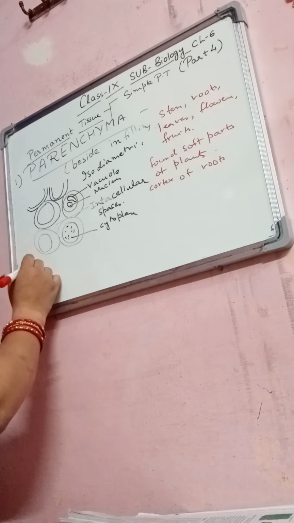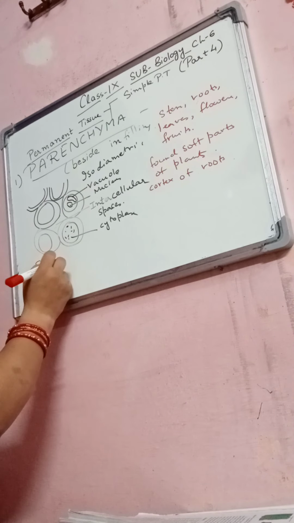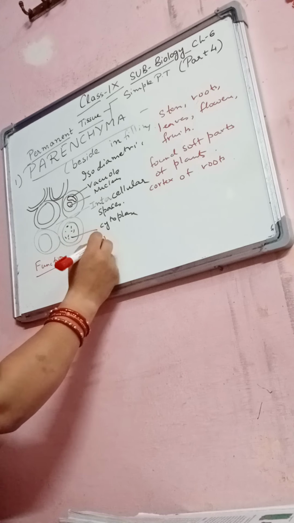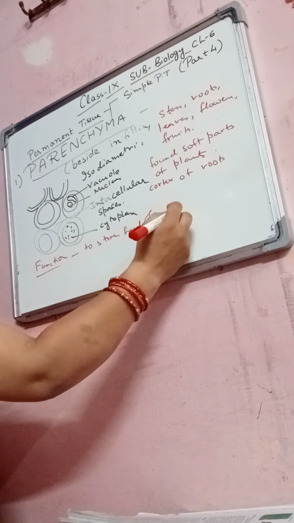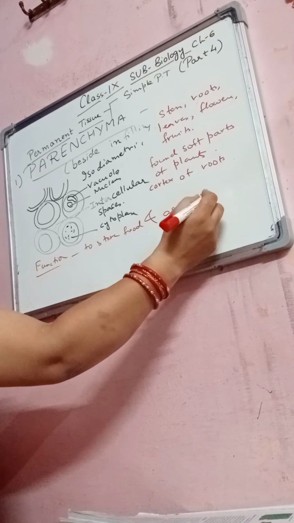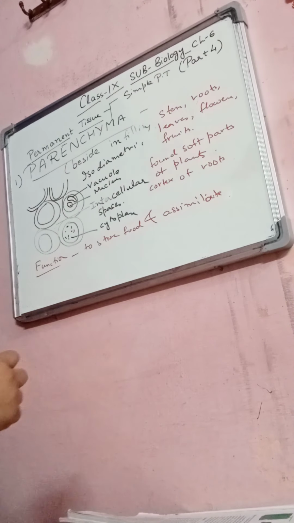The main function of parenchyma is to store and assimilate food, so it is also known as the food storage tissue.